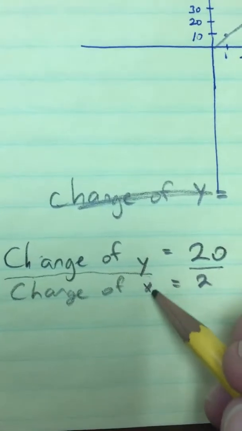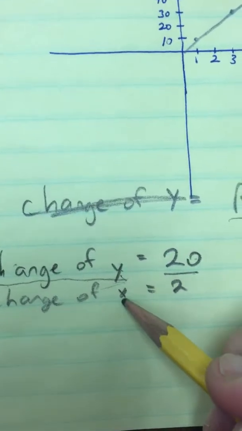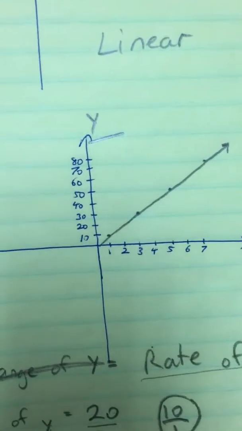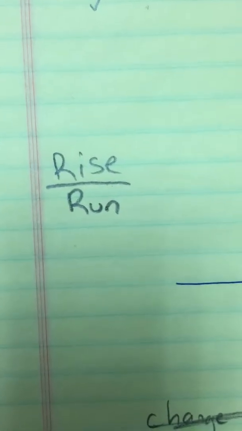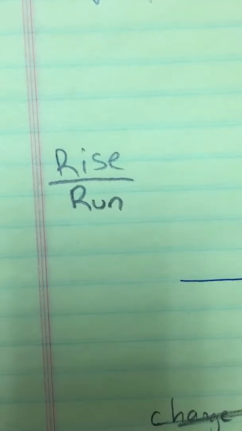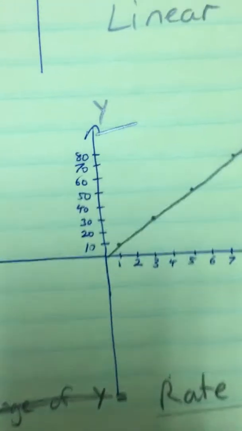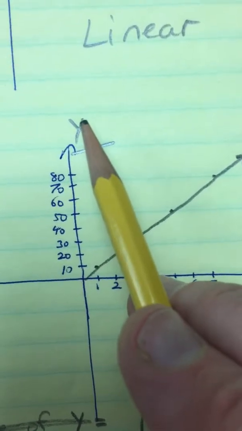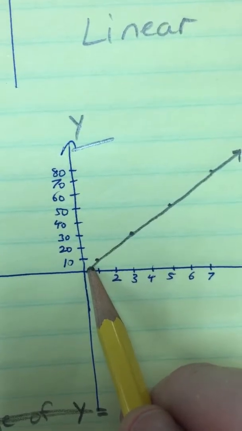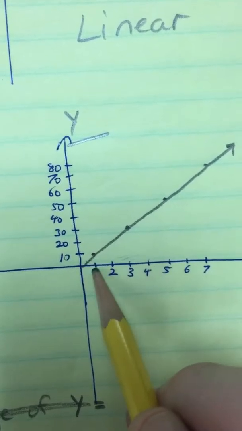A way to remember that it is always y over x is the phrase rise over run. This is a phrase like PEMDAS, something that you'll learn and use and use and use for many years to come. Rise over run. And what that means is we take our change in y first.